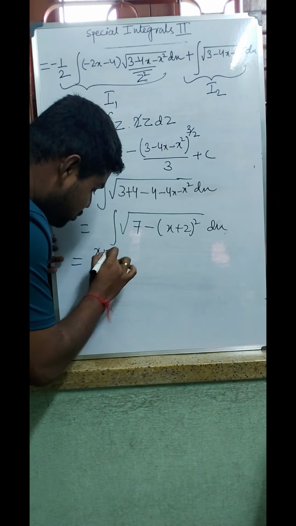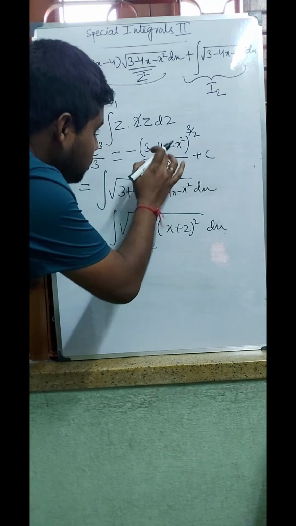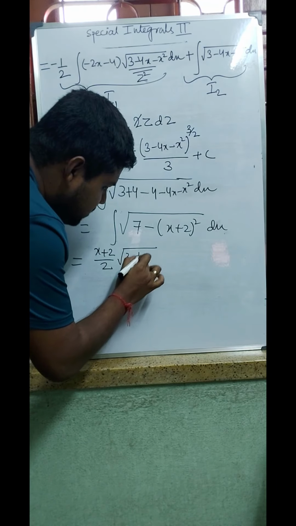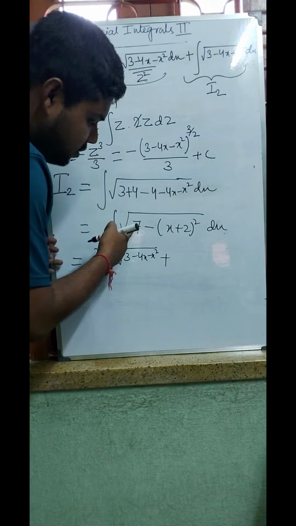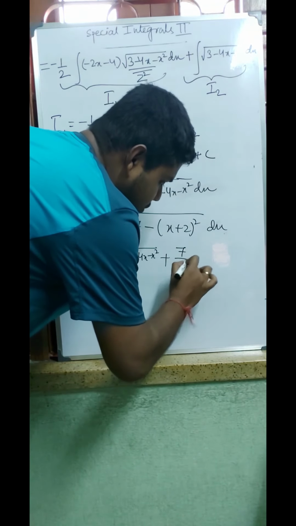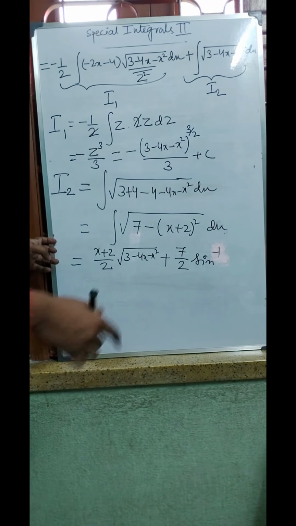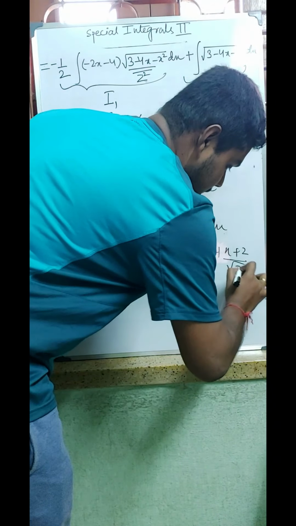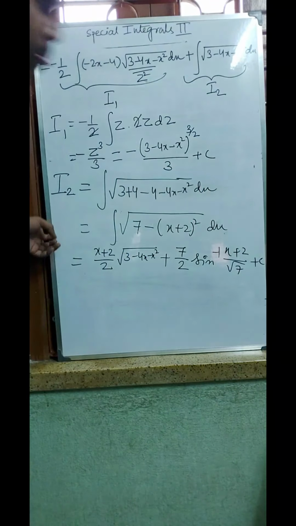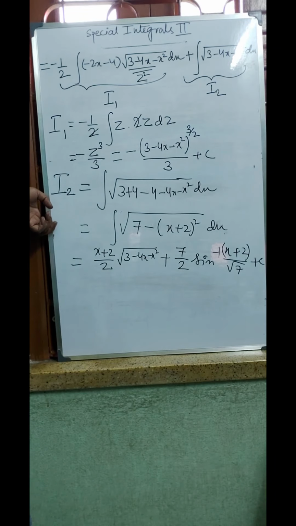So x plus 2 by 2 under root 3 minus 4x minus x square, plus a square by 2, now this is a square, so this is 7 by 2, sine inverse x by a, so x plus 2 by root 7, plus c.